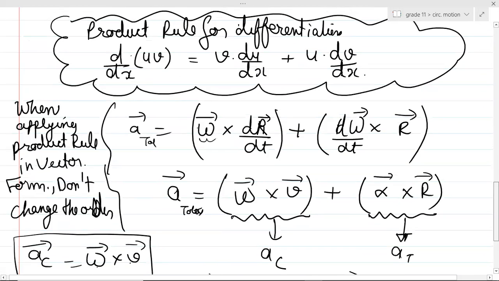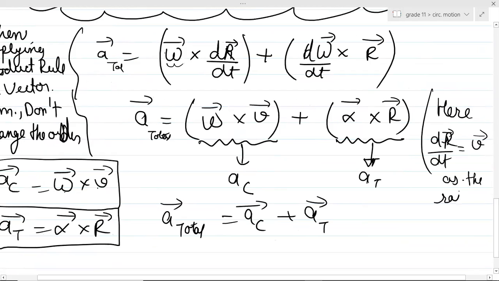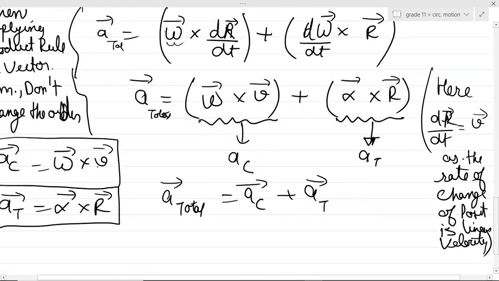Okay. Please remember here that the rate of change of position is the velocity vector, so that's why we wrote dr by dt as v vector and d omega by dt as alpha.